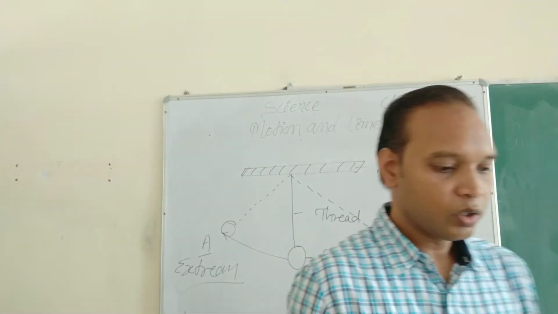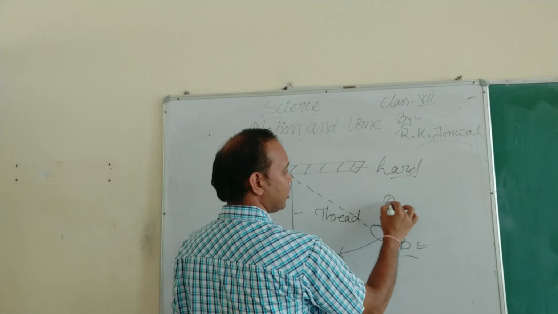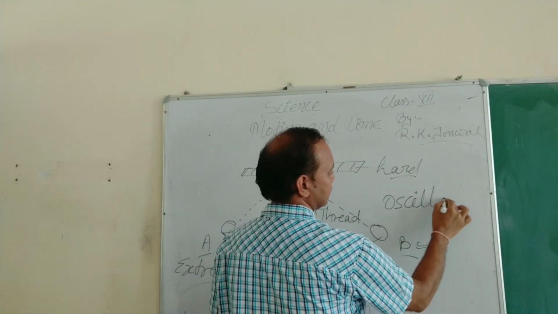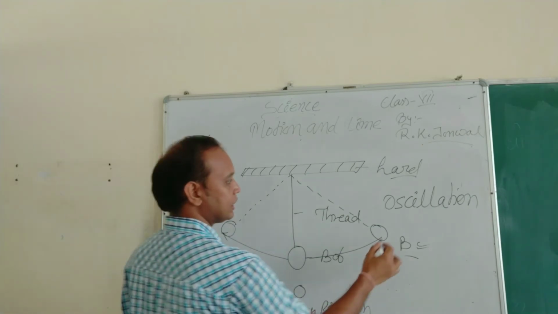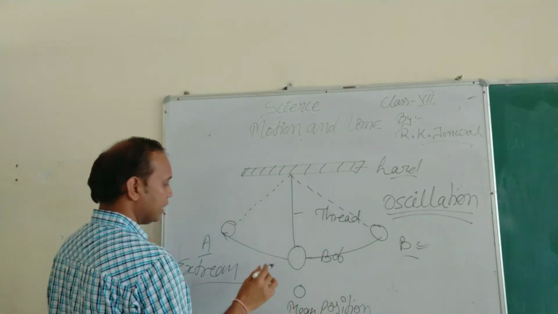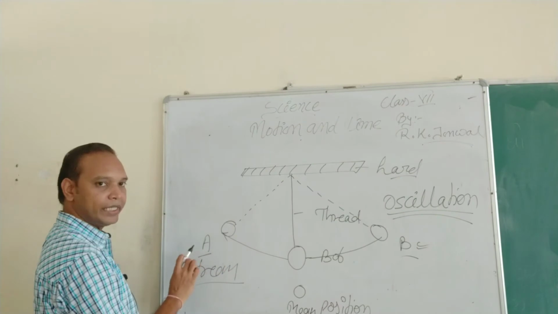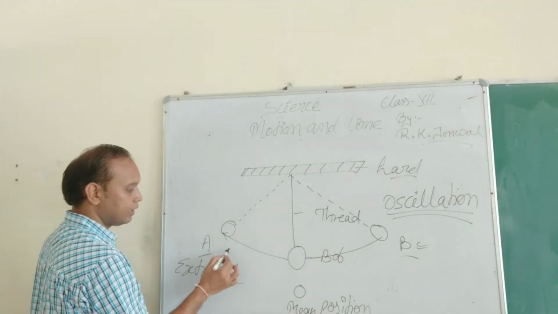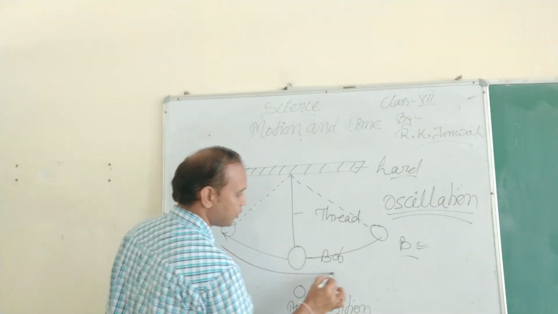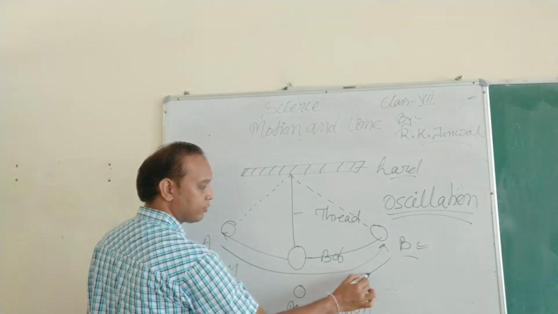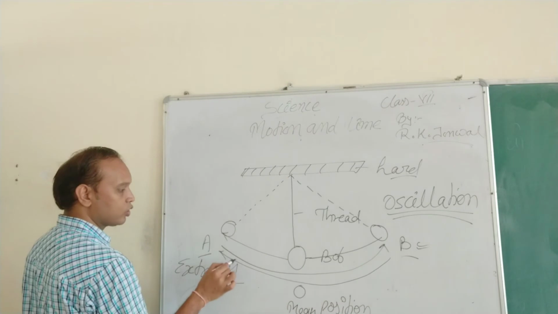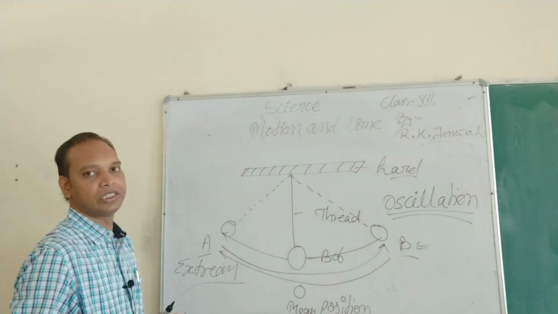What are oscillations? So how can we calculate the oscillation? If we start from point A, then this pendulum moves from A to B and again comes back from B to A. So we can say that is one oscillation.